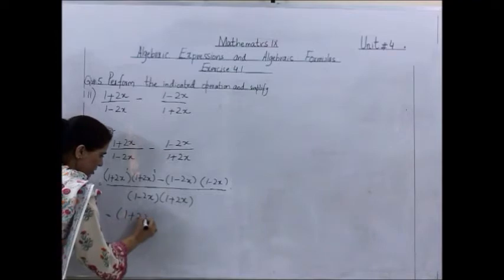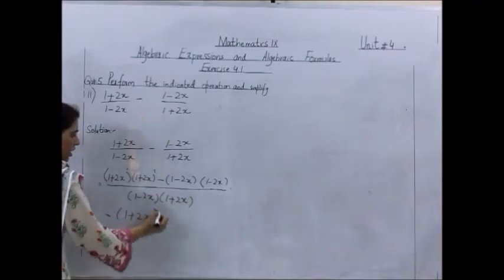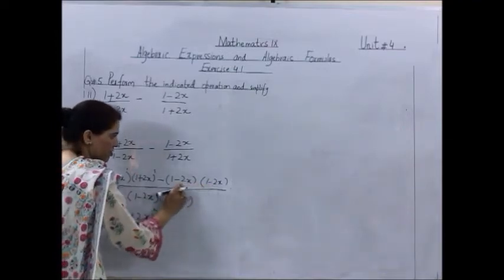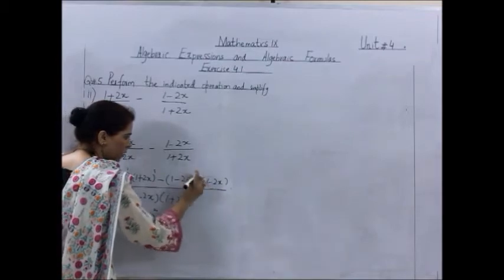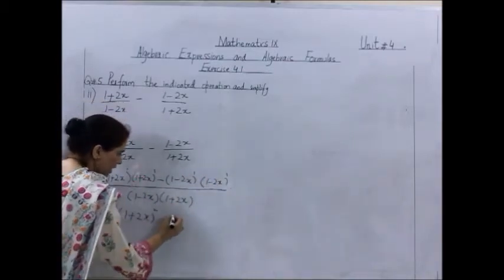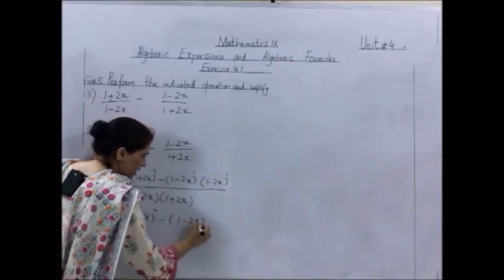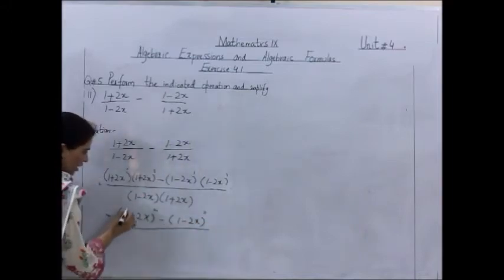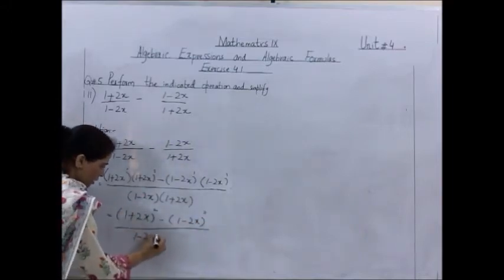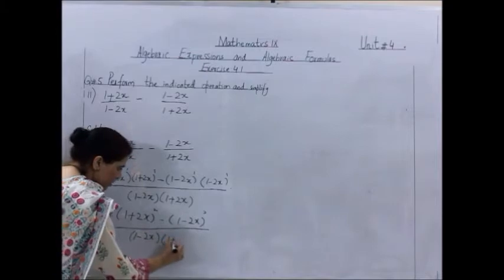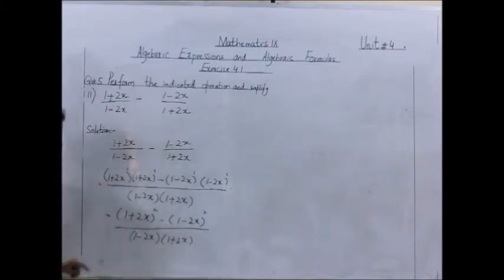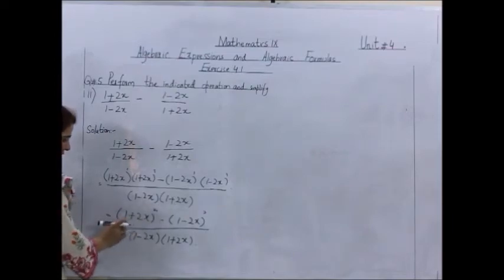1 plus 2x whole square minus 1 minus 2x whole square, bases are same, powers will be added, and the denominator will become as it is. Okay, see, a plus b whole square.